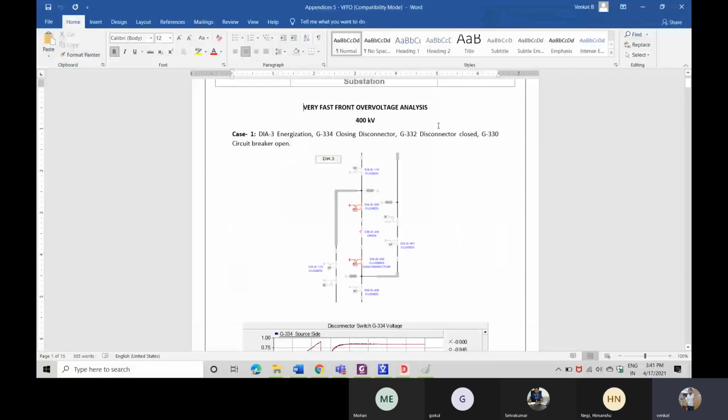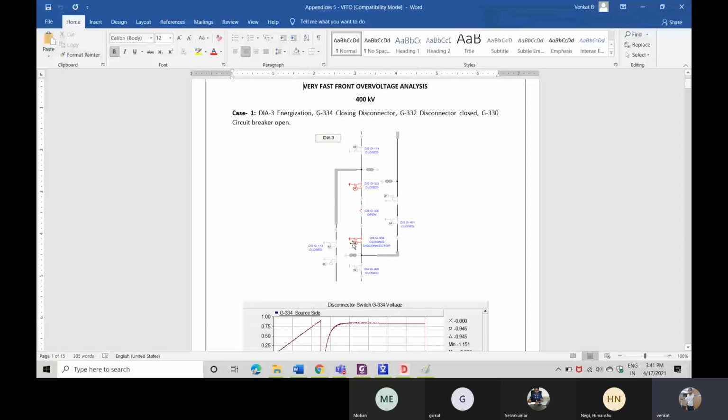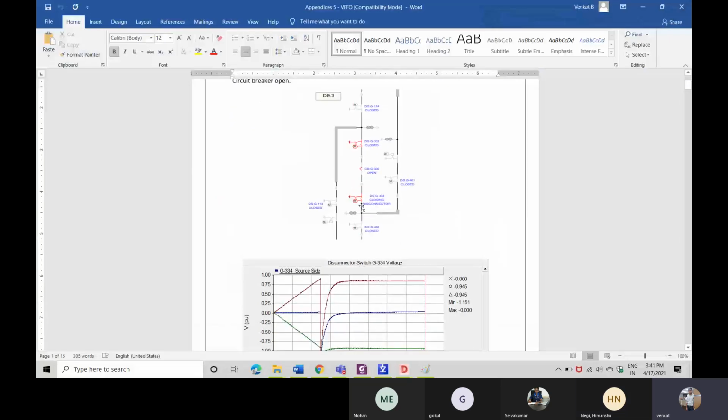Now here I want to have one AC source. For that AC source, I am just closing this disconnector. The only concept is that I want to have an AC source here. Now I have an AC source on the right side.